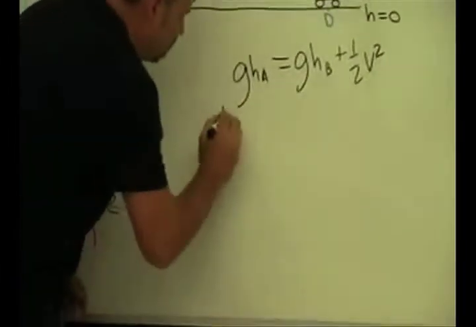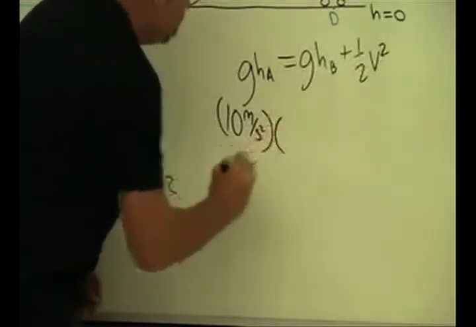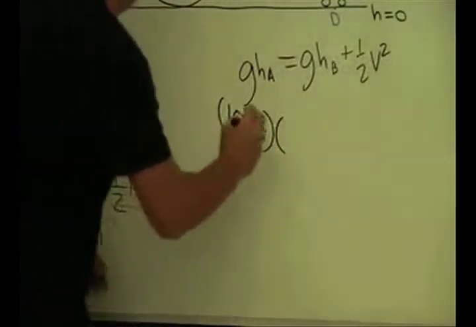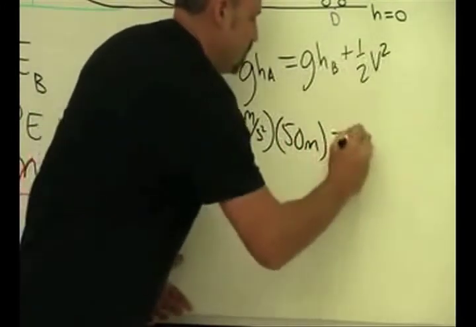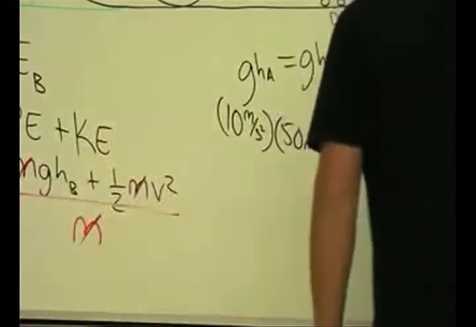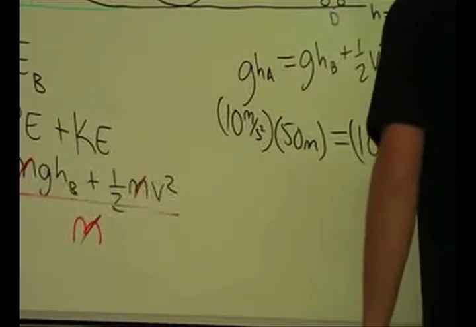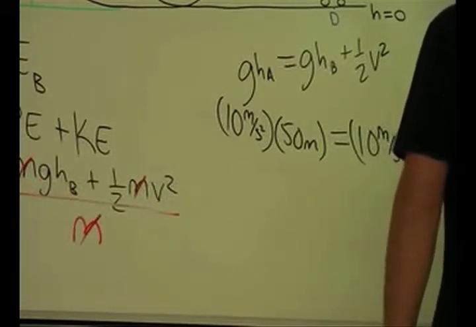So for g, that's the acceleration of gravity, 10 meters per second squared, multiplied by the height at point A, which is 50 meters. And then on the other side, similar, the acceleration of gravity, the height of 25 meters, plus 1/2 v squared.